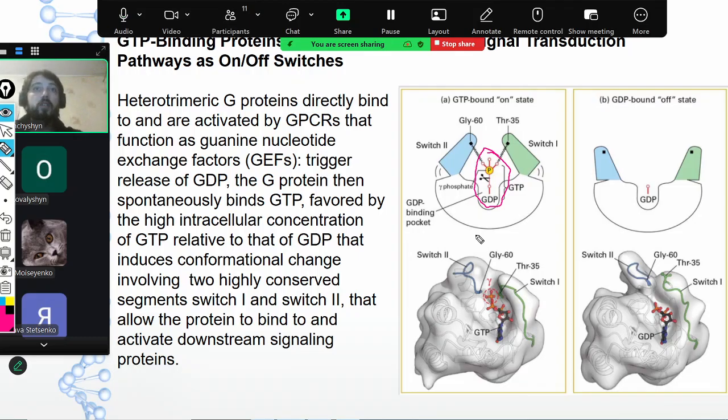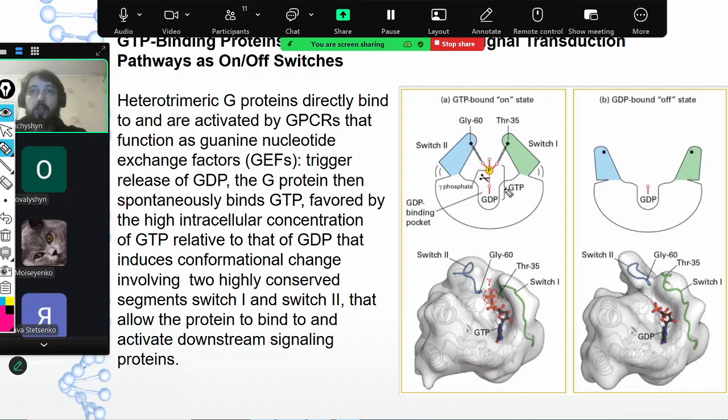They trigger release of GDP, and the G protein then spontaneously binds GTP, favored by the high intracellular concentration of GTP relative to that of GDP. That induces a conformational change involving two highly conserved segments, here called switch 1 and switch 2, that allow the protein to bind and to activate downstream signaling proteins.